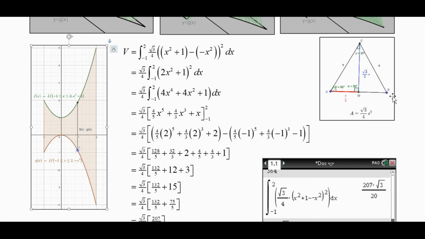Let me remind you about an equilateral triangle. The sides are all the same length. The angles are all the same, pi over 3 or 60 degrees. If you slice it right down the middle from this point to the midpoint, it turns out to be an altitude, so it has a right angle there. It turns out to be a median because it's going to the midpoint.